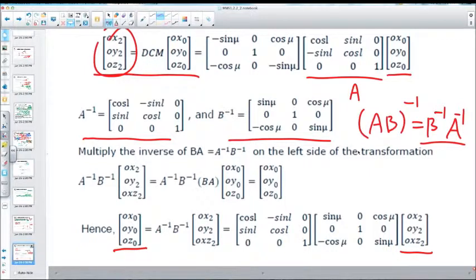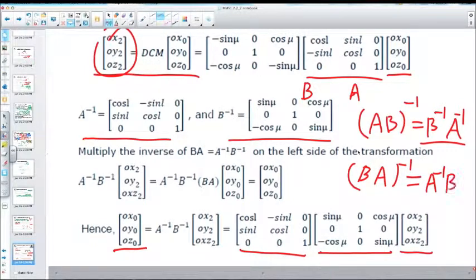This will be the A inverse first, and then B inverse here. So the original one, where's the A? Oh, that's A, that's B. Oh, okay, the original is BA, then the inverse of BA is going to be A inverse B inverse.